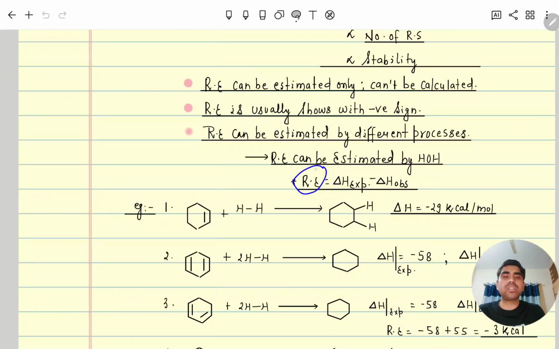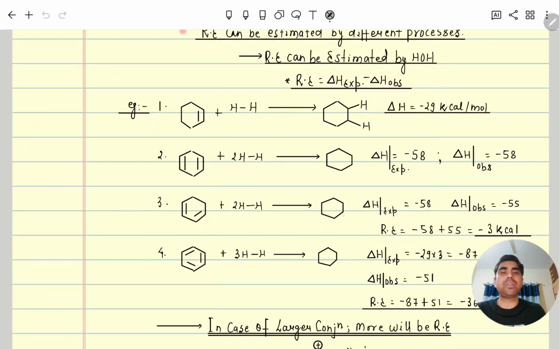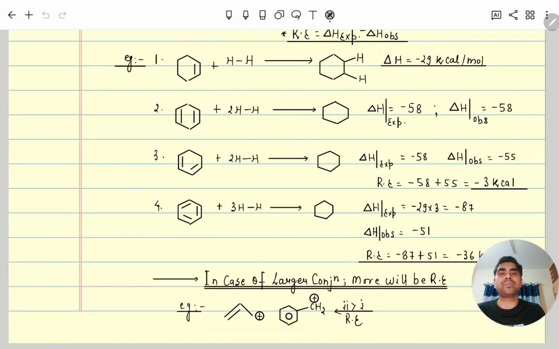Resonance energy is calculated as the enthalpy expected experimentally minus the enthalpy observed. Like here, we are breaking one pi bond and adding hydrogen through syn addition using nickel or platinum metal.